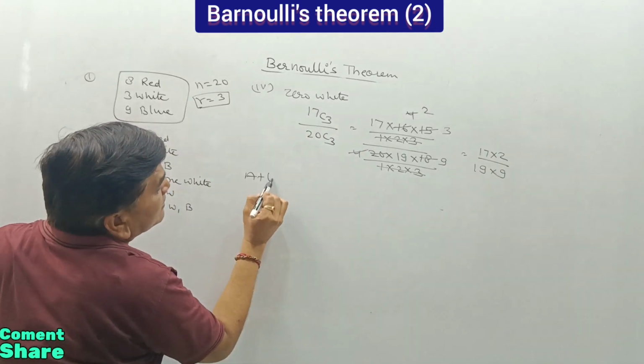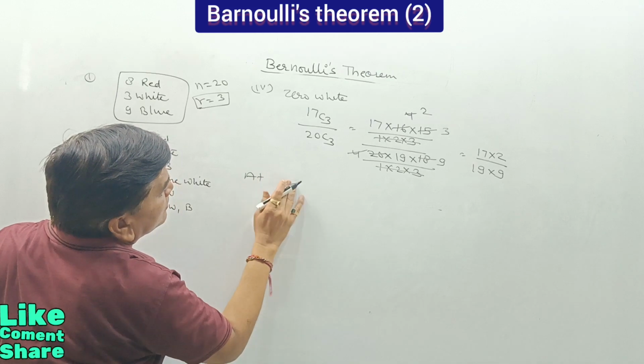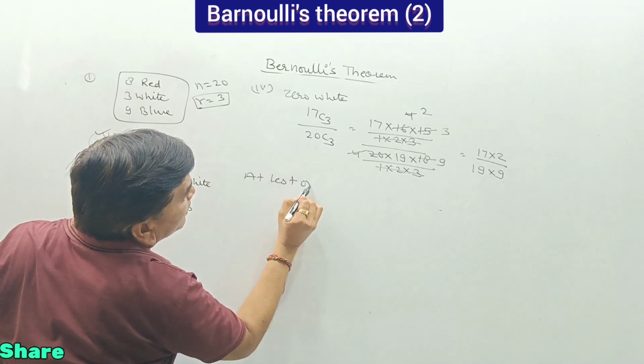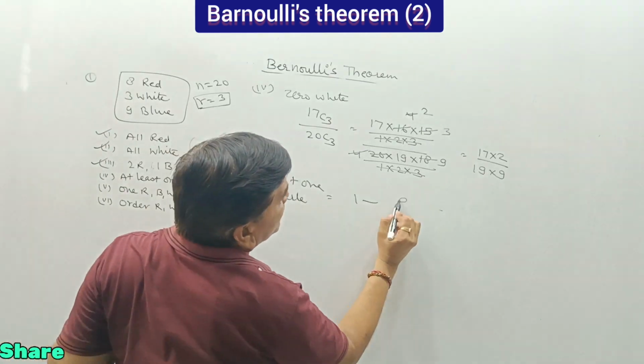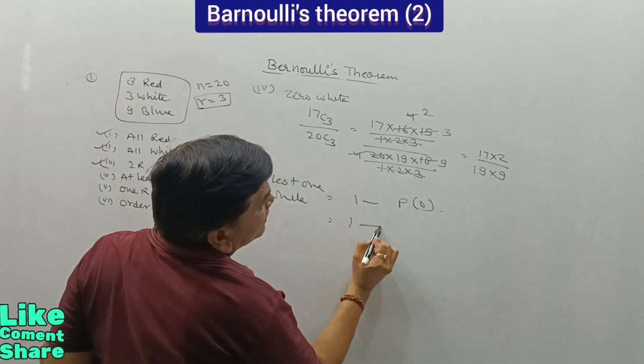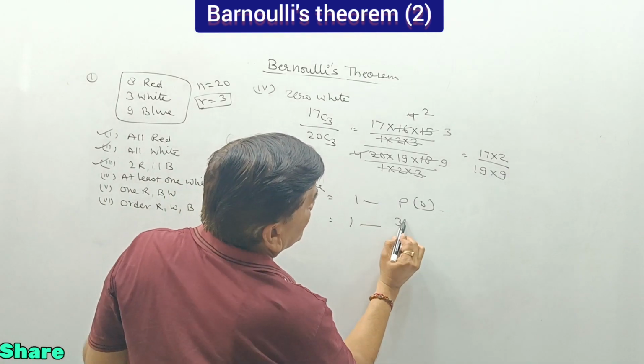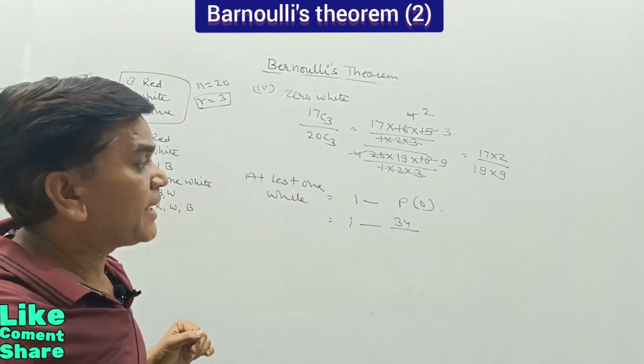At least one white is 1 minus the probability of 0 white. So 1 minus 34 upon 19 multiply 9.